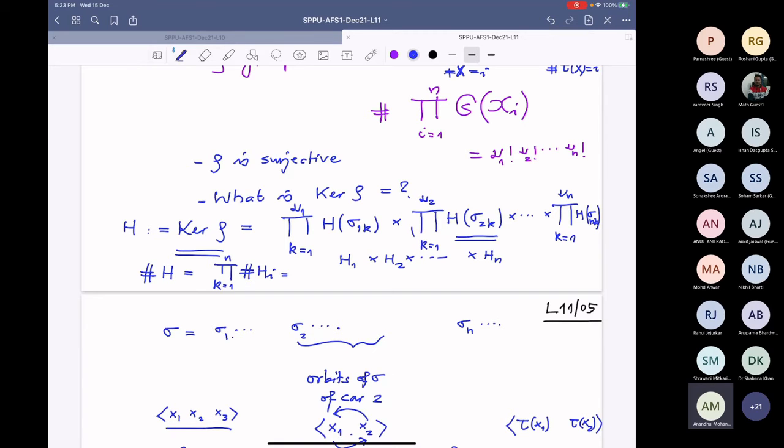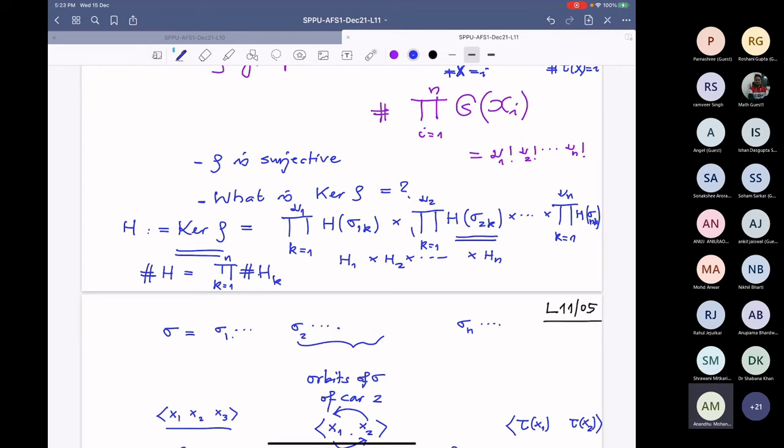See, how many times is this appearing? From 1 to nu 2, and these are 2-cycles. So each one has order 2, and that is appearing nu 2 times. So it is 2, 2, 2, nu 2 times, that is 2 power nu 2.